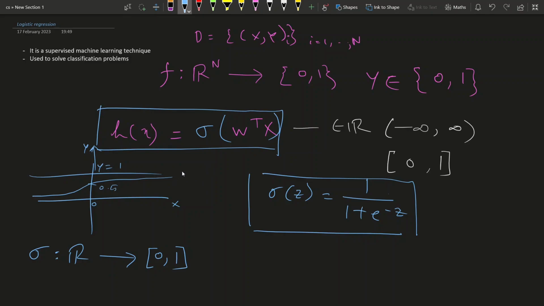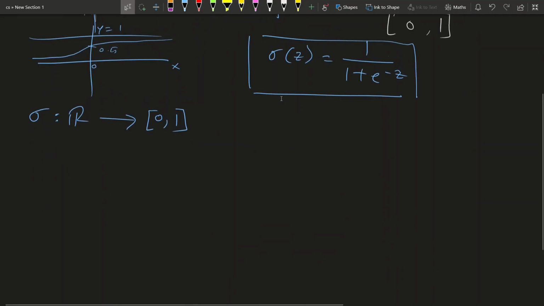The next thing that we need to discuss is the cost function. We need something that will tell us how far our hypothesis is from the actual target function, and that is determined by a cost function. Unlike in linear regression, we use something called BCE loss, which stands for binary cross entropy loss.